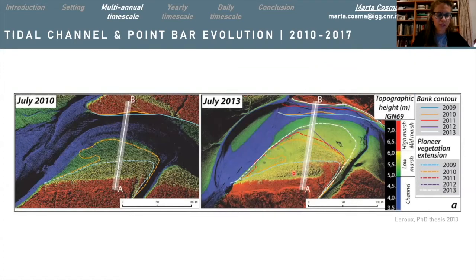And this is also related to the progressive accretion of point bar deposits, which go toward the north and toward the northwest.